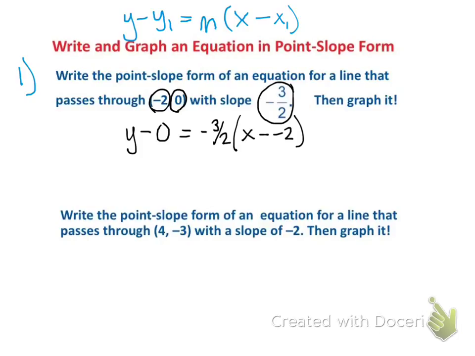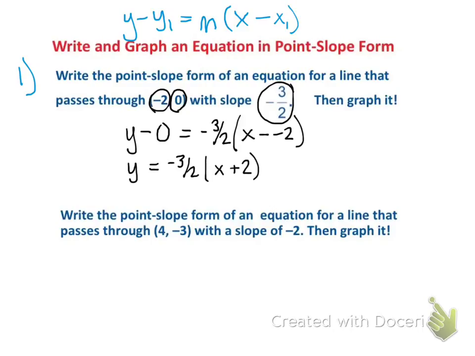So then we can simplify this a little bit. That's y equals -3/2 x plus 2. We don't need the minus 0 because that's obvious, and we can change the x minus -2.